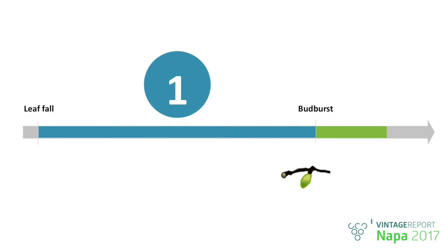But now let's just look at period 1 as an introduction to the first talk. From leaf fall to bud burst, we basically can look at how much water fell and how much temperature got accumulated.